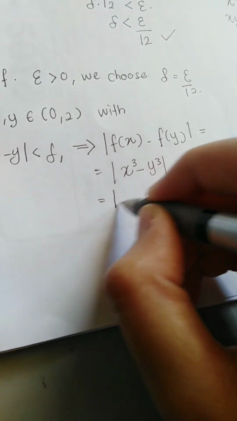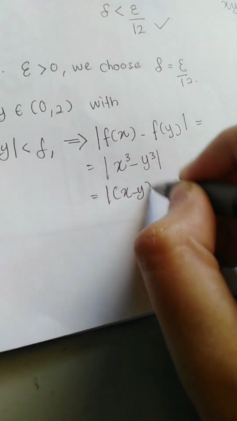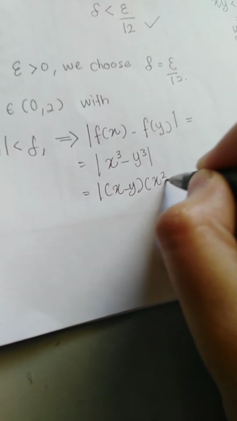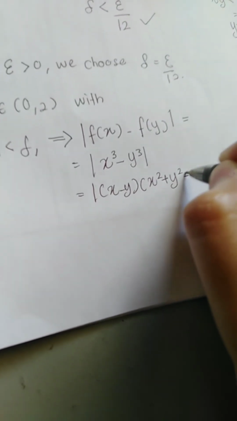Okay, so we factor this into x minus y times x squared plus y squared plus xy.